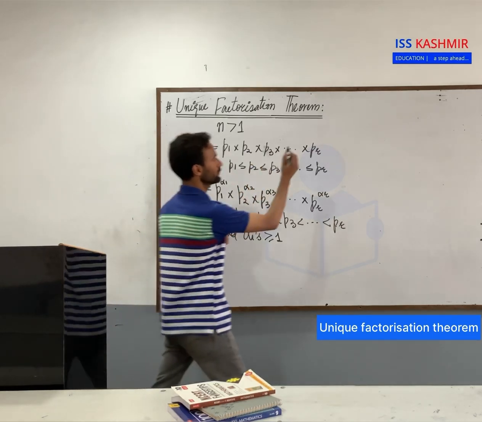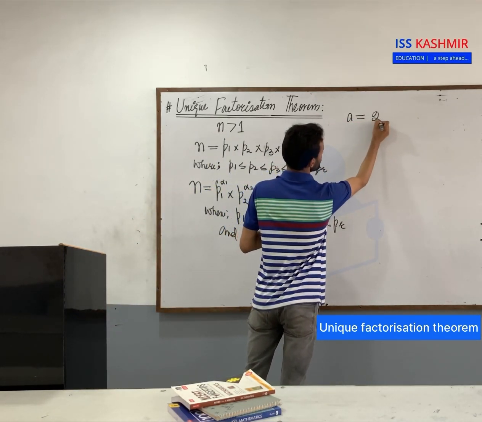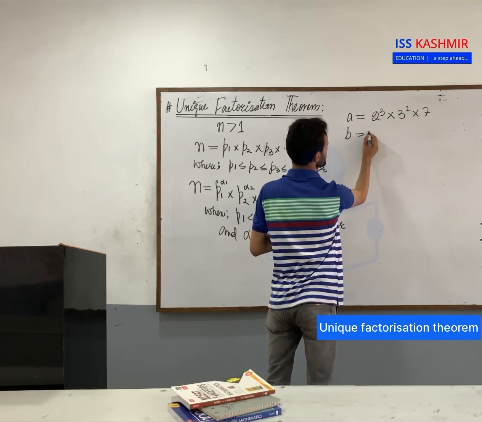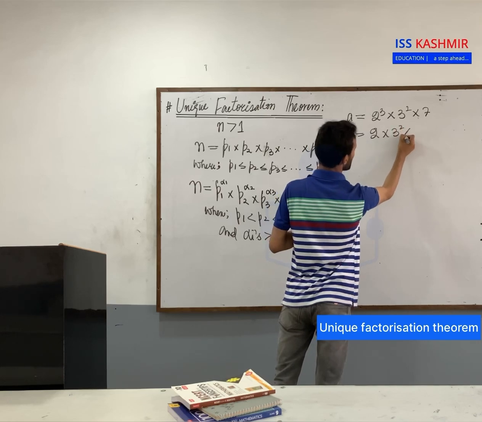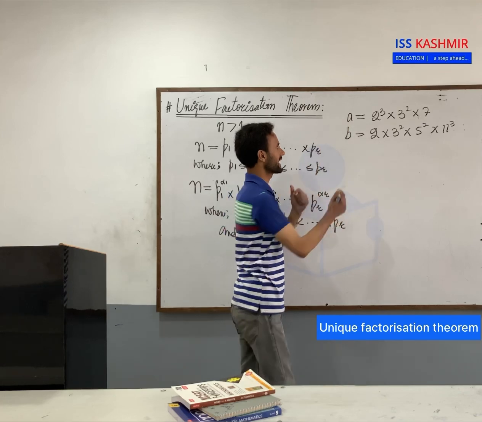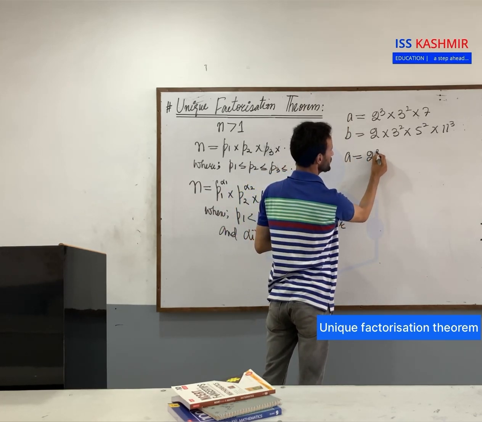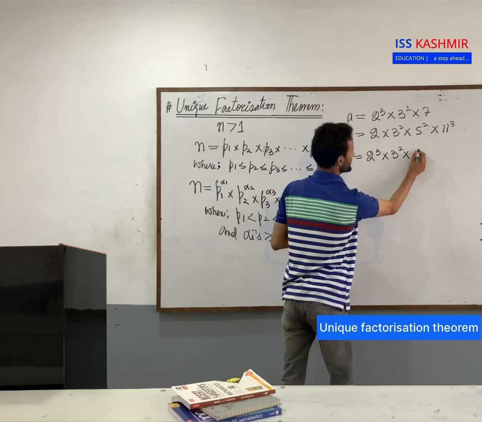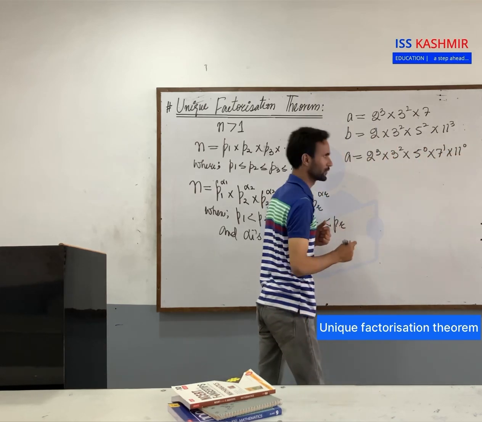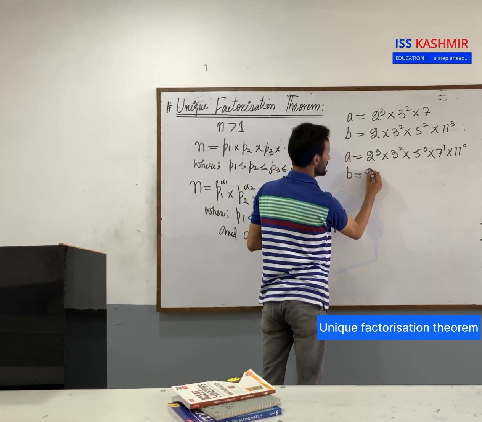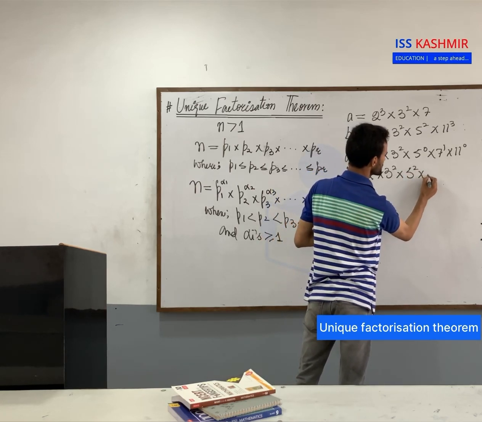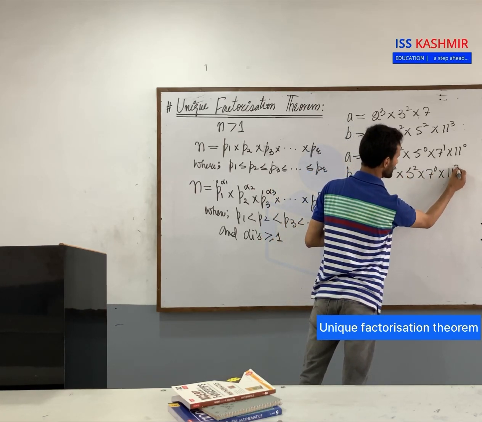For example, if we have a equal to 2 cube into 3 square into 7 and b equal to 2 into 3 square into 5 square into 11 cube, then we can write a as 2 cube into 3 square into 5 raised to power 0 into 7 raised to power 1 into 11 raised to power 0. Similarly, we can write b as 2 raised to power 1 into 3 raised to power 2 into 5 raised to power 2 into 7 raised to power 0 into 11 cube.